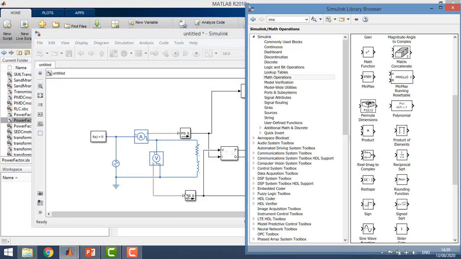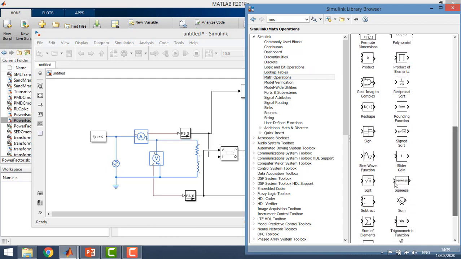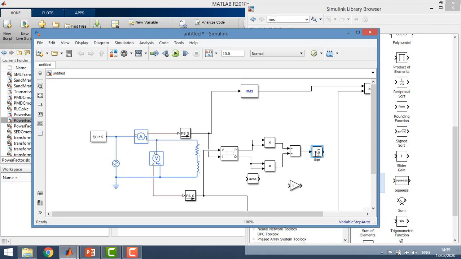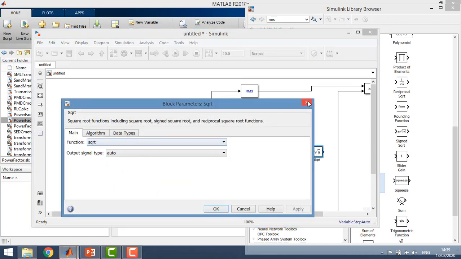So we have to go to the libraries and bring the square root function, right?